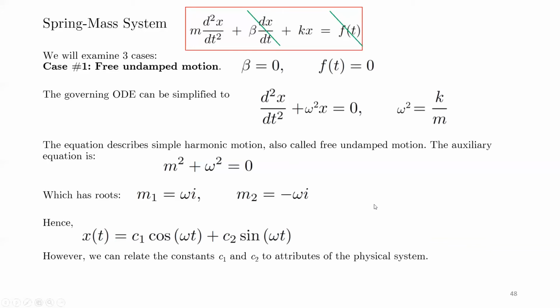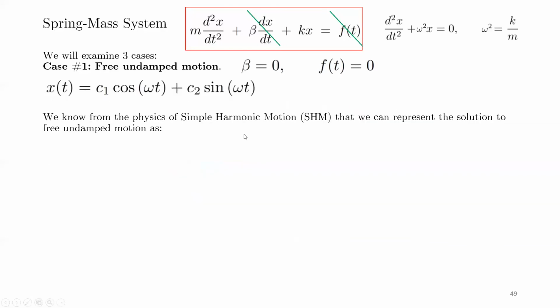But this is not the way you've probably seen the simple harmonic motion equation displayed before, right? So if I introduce my solution up the top here and just give myself a bit more space, we know that from physics we can write the simple harmonic motion as x of t equals A times sine of omega t plus phi, okay?